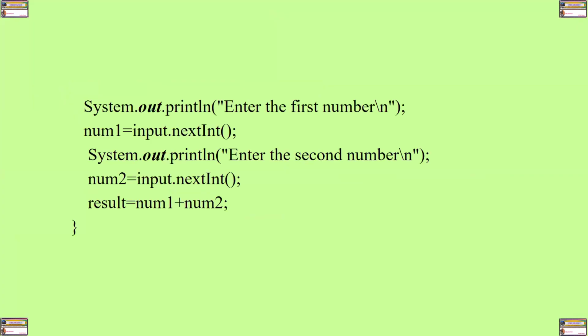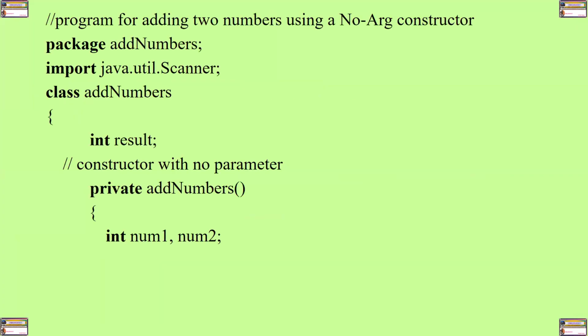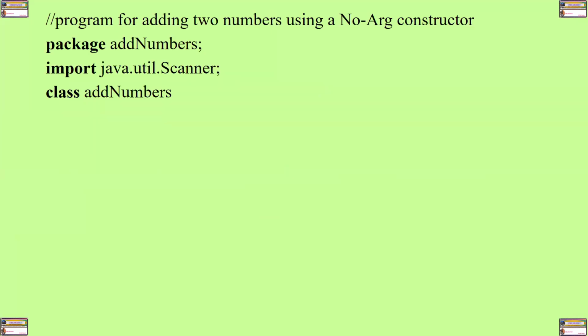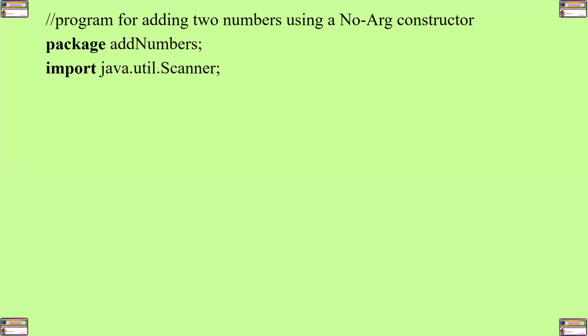So my dear students and the rest of the learners, you can see that the name of our class here is AddNumbers. But within that class, we have a constructor called AddNumbers. So the name of the constructor is similar to the name of the class.